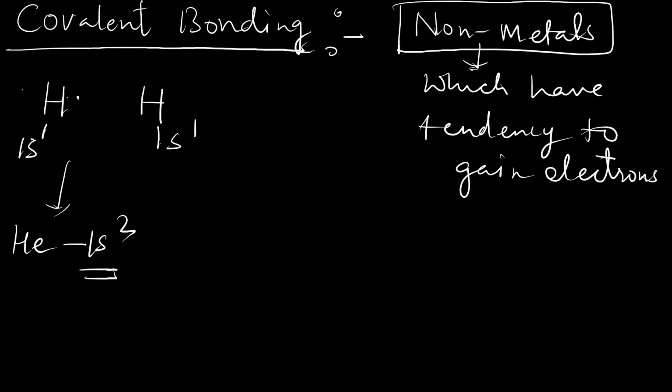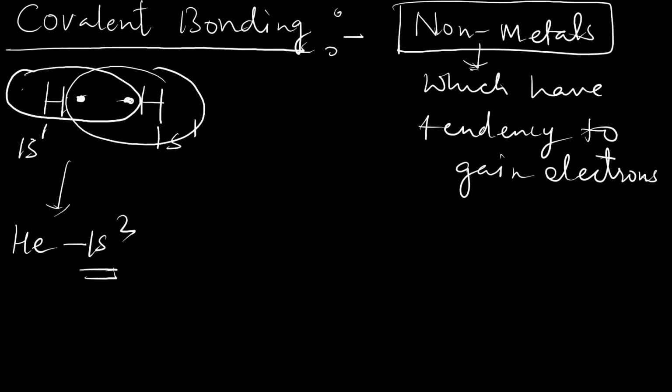So we write 1 electron showing the valence electron here, and another valence electron here. As both have tendency to gain electrons because both are non-metals, what they do is, the best thing is to share. They share electrons so that they can attain duplet in case of hydrogen.